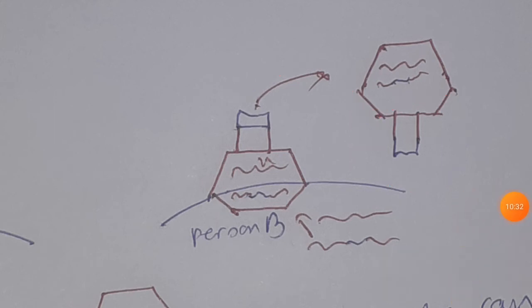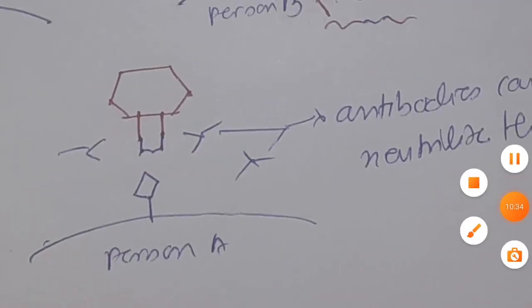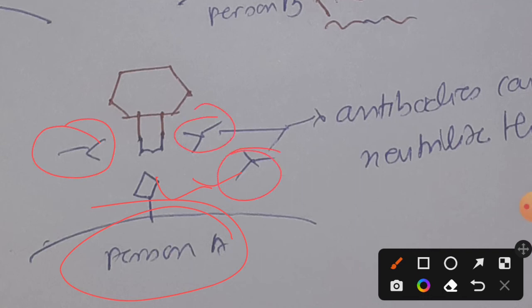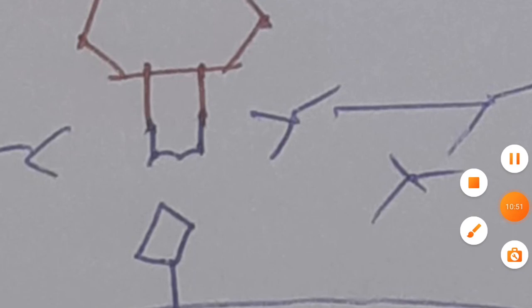Now when this new hemagglutinin interacts with person A's surface receptor, can the antibody that was previously registered for that particular virus protect us? The answer is no, those antibodies cannot protect us, and as a result, hemagglutinin can easily interact with the surface receptor and facilitate the entry of the virus into the host cell.